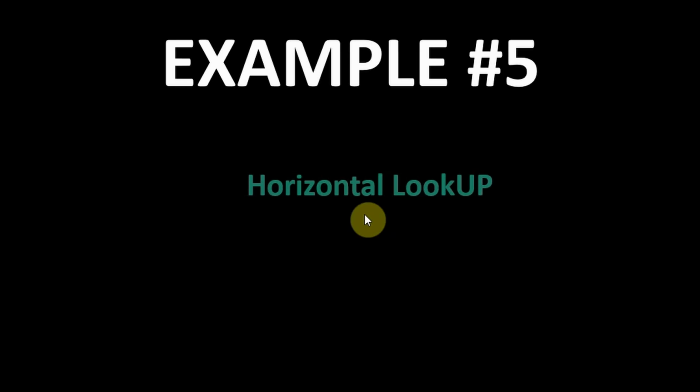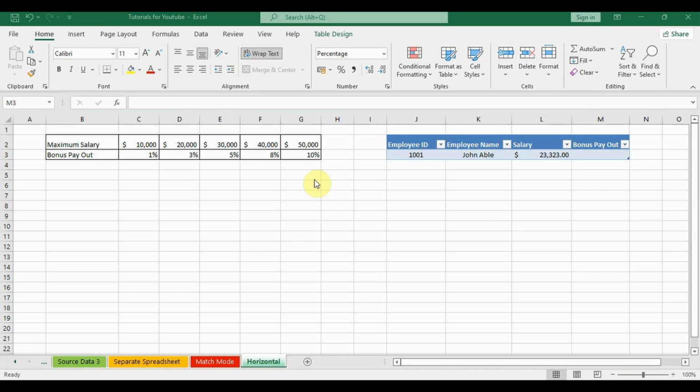This is to demonstrate the ability of XLOOKUP to also do horizontal search. Let's do it. In this example, we'll be looking at our bonus payout table, which is now horizontally arranged, and our XLOOKUP function, which will be returning bonus payout based on salary using our next smaller item and our next larger item match modes. Let's do it.